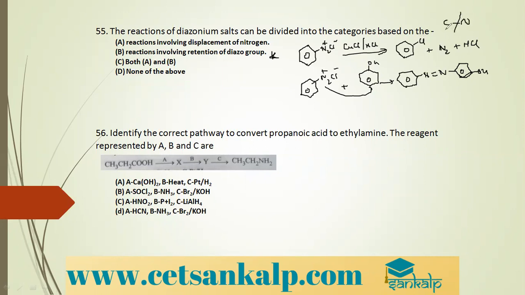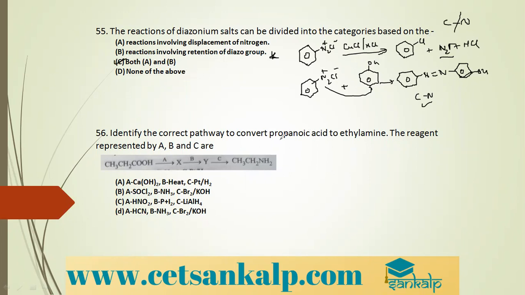There is a cleavage of the carbon nitrogen bond, only nitrogen gas has evolved. But in this reaction, the carbon nitrogen bond has remained intact. These are substitution reactions. This is a coupling reaction. So these are the two categories for diazonium salts. So it is A also and it is B also. So it is option C, both A and B.